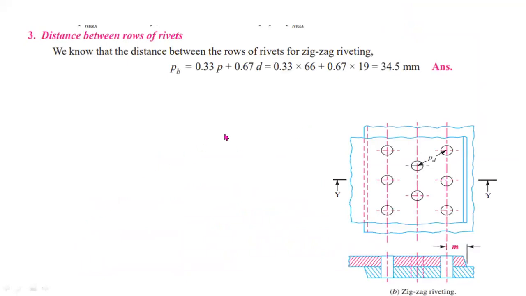Now the distance between rows of rivets, that is here you can observe, the distance between two successive rows of rivets is called back pitch or row pitch, PB, and also this one also back pitch.